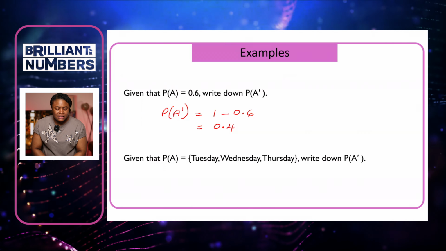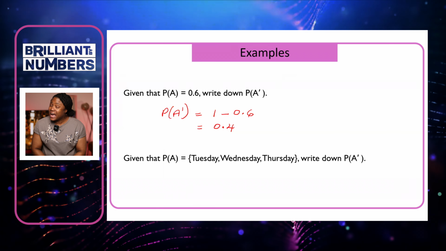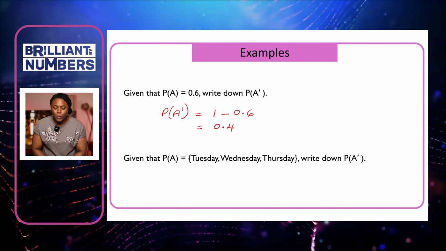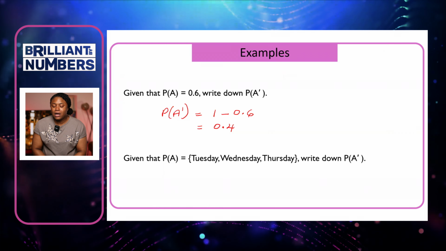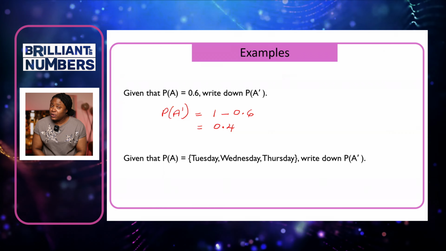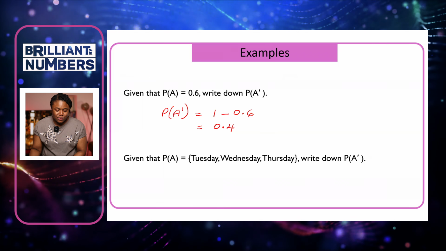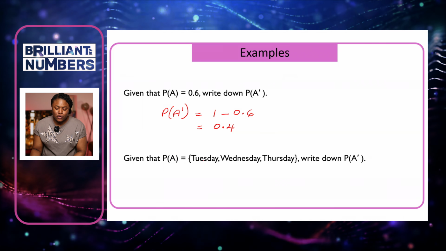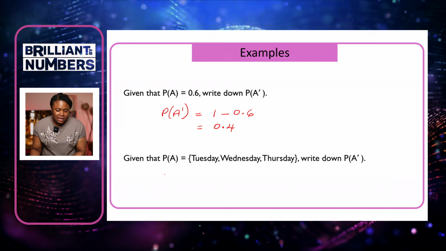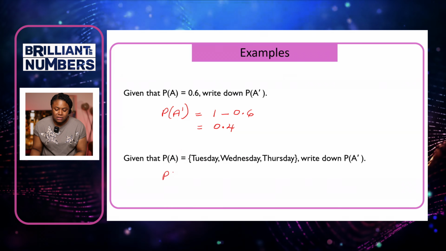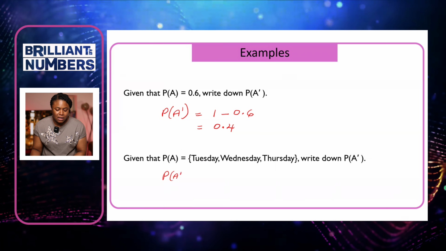The next question says, given that A is equal to Tuesday, Wednesday, Thursday, write down A complement. We know that there are 7 days in the week. So clearly, if we've got Tuesday, Wednesday, Thursday, then all the other days in the week would be the complement of A. Let's just write it down.